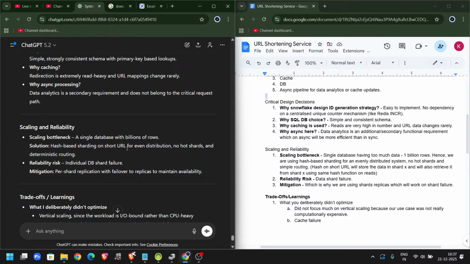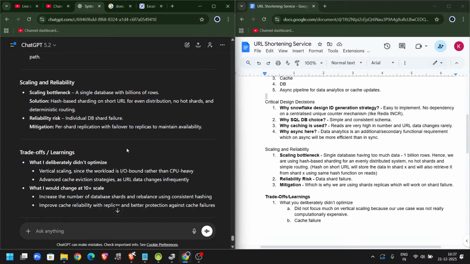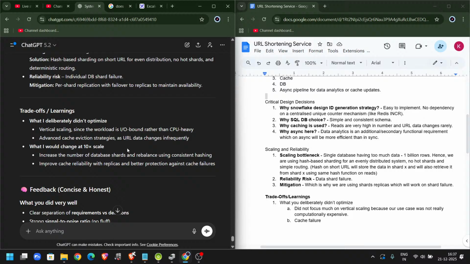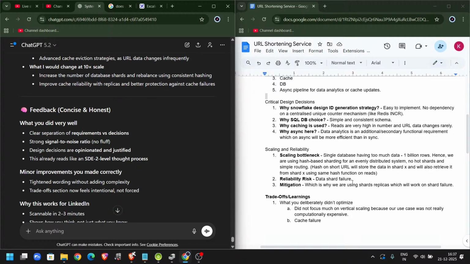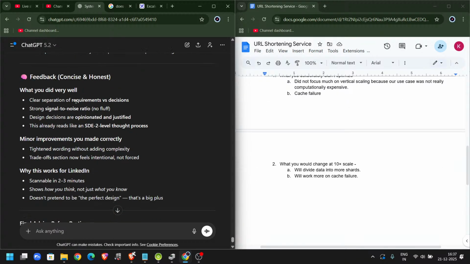Okay, not bad. Clear separation of requirements and decisions. Strong signal to noise ratio, no fluff. Design decisions are opinionated and justified. This already reads like an SDE-2 level thought process.